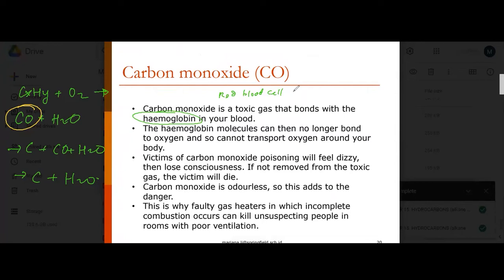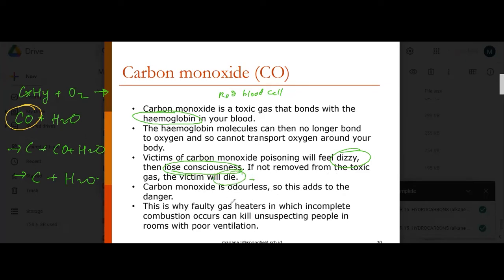Carbon monoxide replaces oxygen to bind with the protein in our red blood cells. So instead of transporting oxygen, it will transport carbon monoxide. That means the body will not receive oxygen. The victims will feel dizzy, lose consciousness, and if not removed as soon as possible, the victim will die.